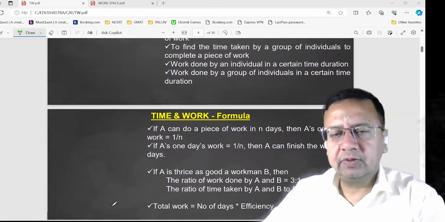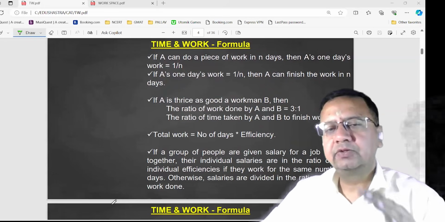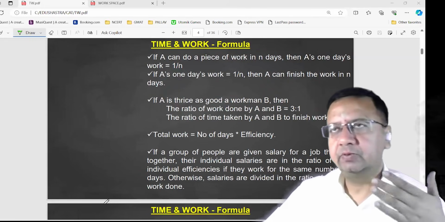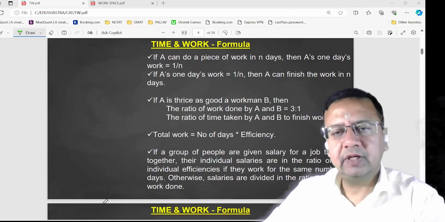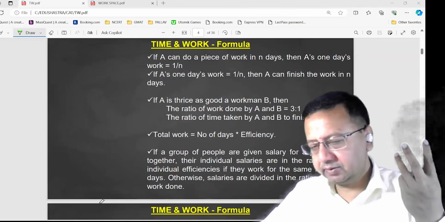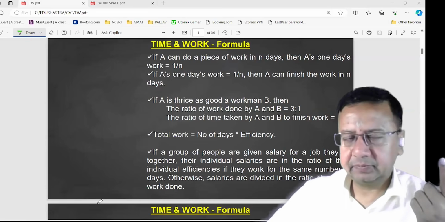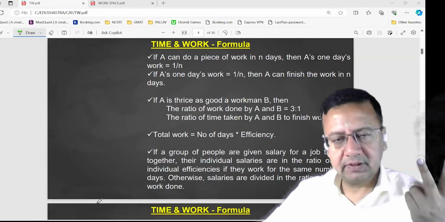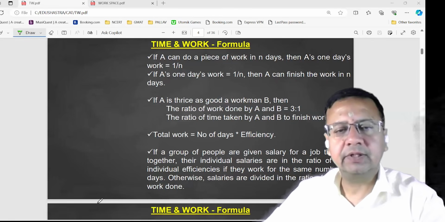Time and work formula: if A is doing some work in n number of days, then 1 day's work is 1 by n, 2 days' work is 2 by n, and so on. This way we do the calculation. We have discussed three formats of calculation: one is the unitary method, second is the percent method, and third is the LCM method.